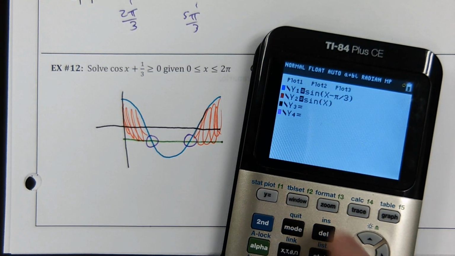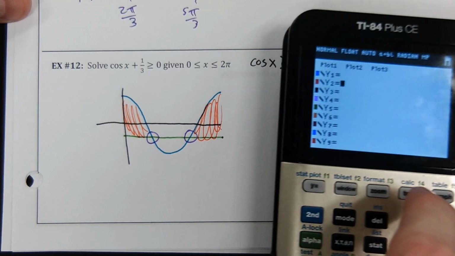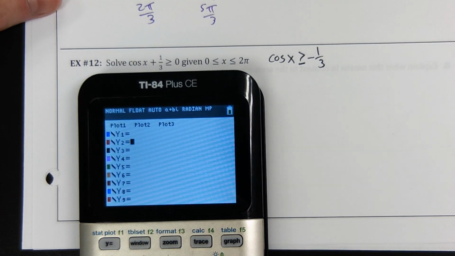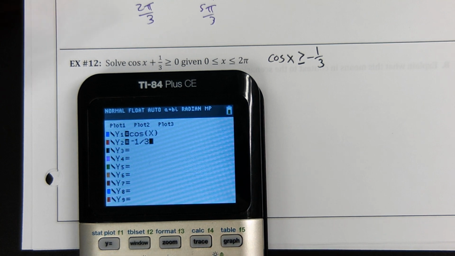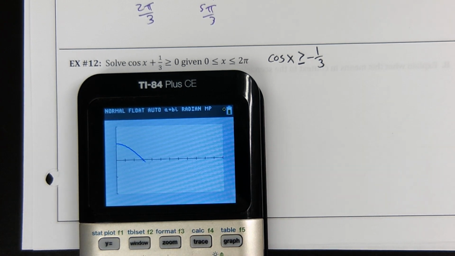On y, clear, cosine of x and negative 1/3. And there's really not a reason to change the scale because we went from 0 to 2 pi, right? So I'm just going to hit graph. There's cosine x.